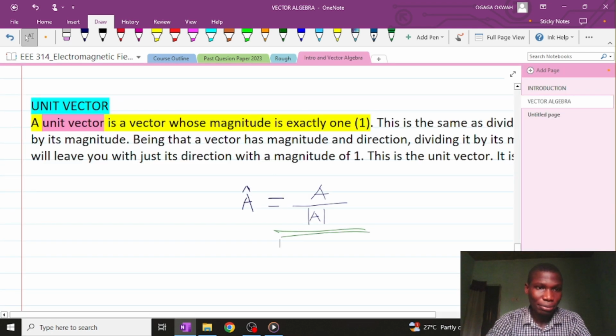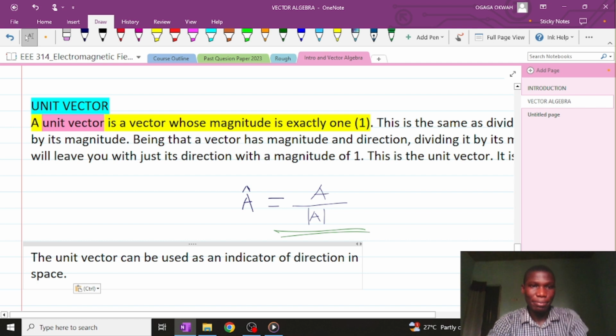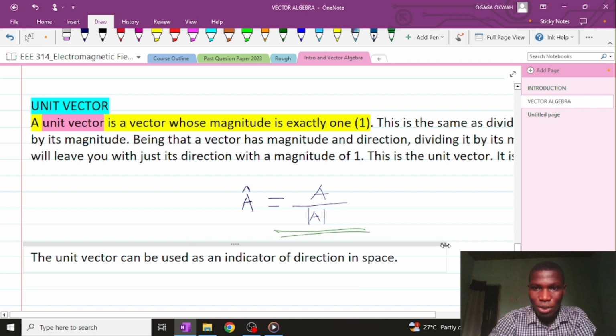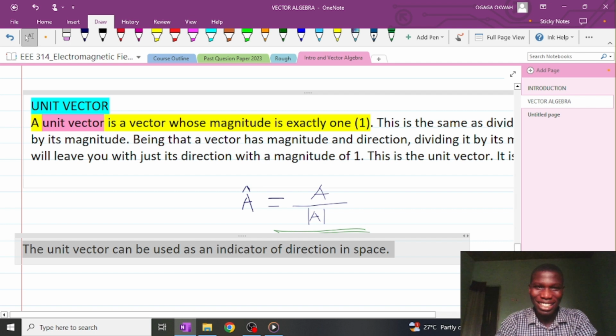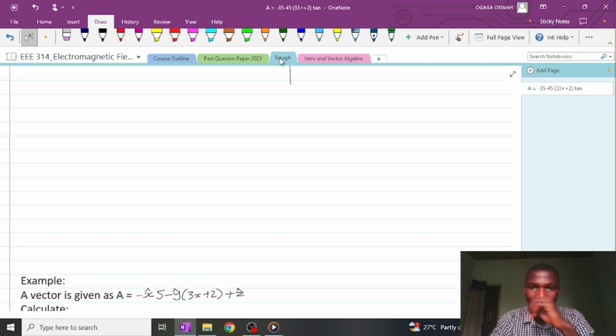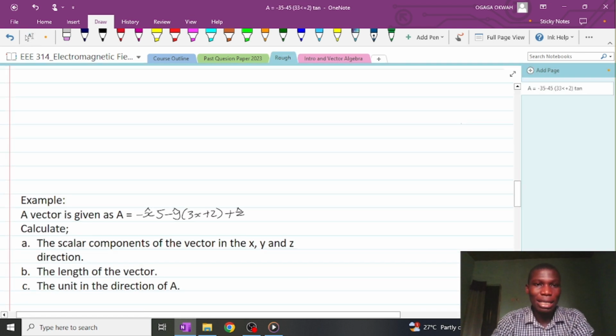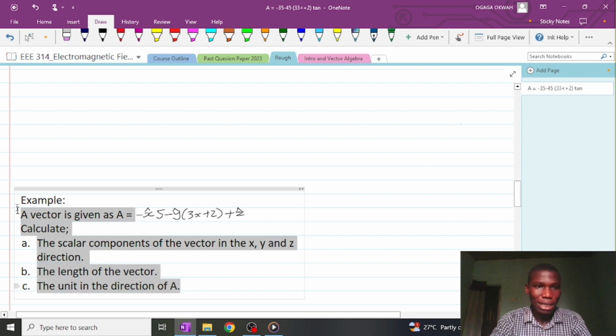And we understand why, because when this division is done, what we have left is just direction. The magnitude will be exactly 1. So alright, now with that being said, let's work an example.